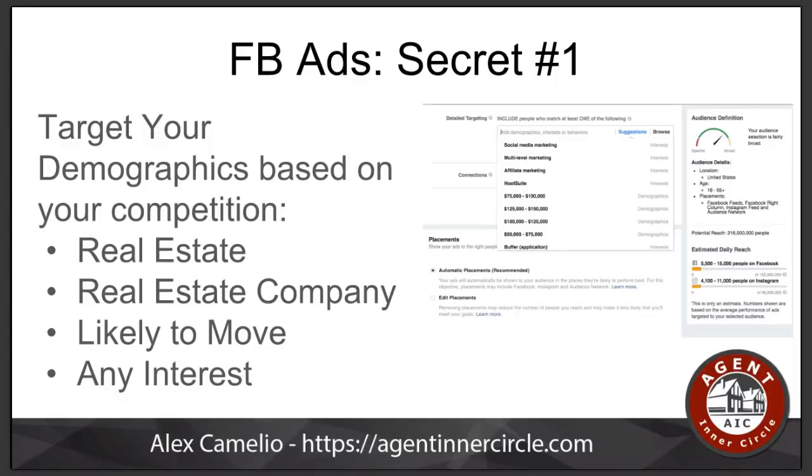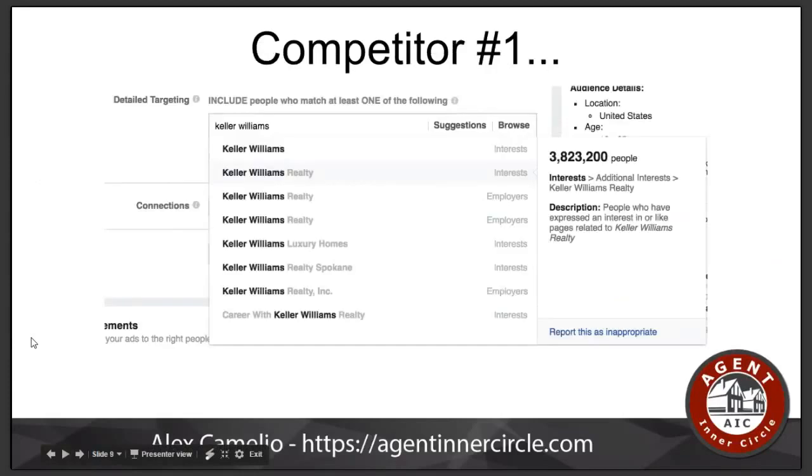Now, the real estate company might be one that sticks out to you, and you're going, what do you mean, real estate company? Well, what Facebook allows me to do with a Facebook ad is create a demographic where I can actually say, I want to look at a full franchise brand and the people that are interested in that franchise brand. A lot of those might be other realtors, and there are ways to limit those out.